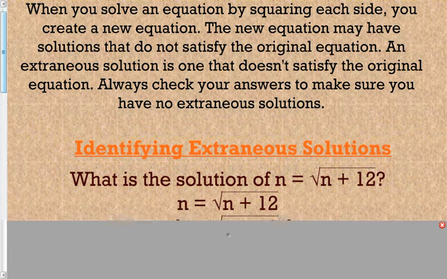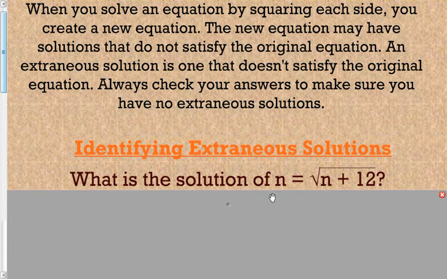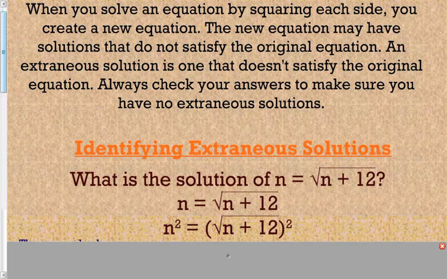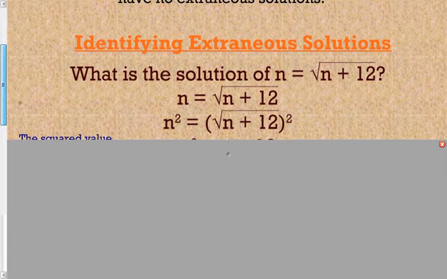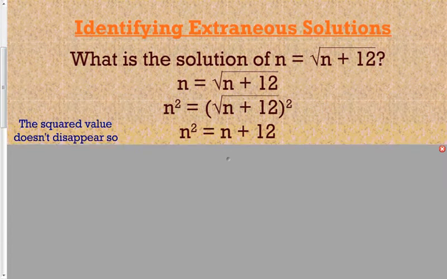So here's an example. What is the solution of n is equal to the square root of n plus 12? So of course we're going to square both sides first to get rid of the square root, because that's by itself. So if we do that, we end up getting n squared equals n plus 12.